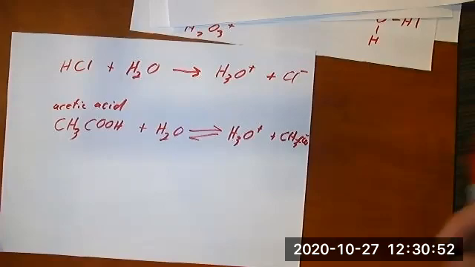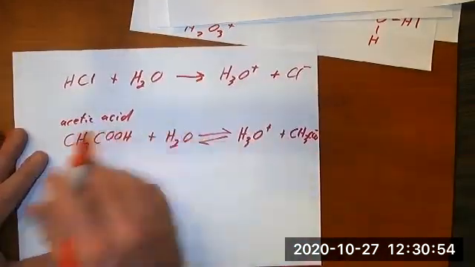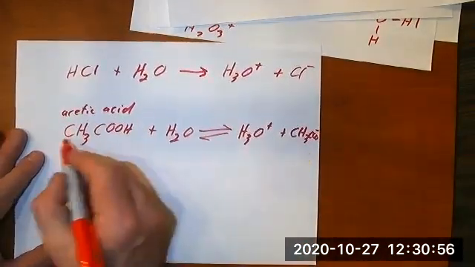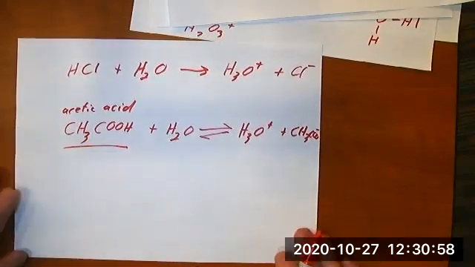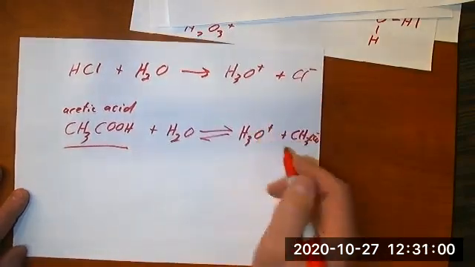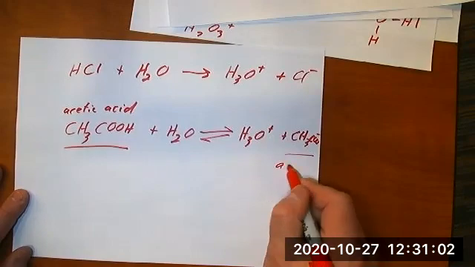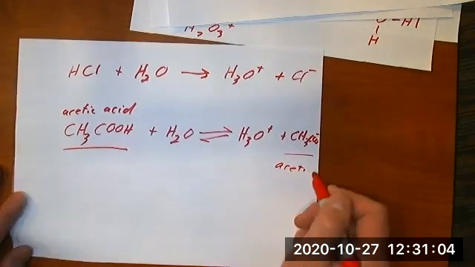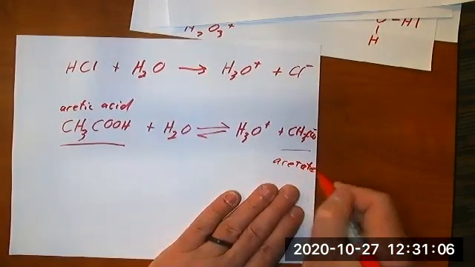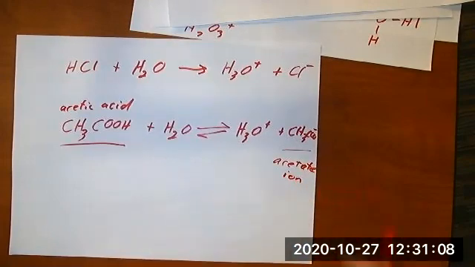Okay. But in the bottom case, there is some undissociated acetic acid in equilibrium with the acetate ion. So you're always going to have some of both of those.